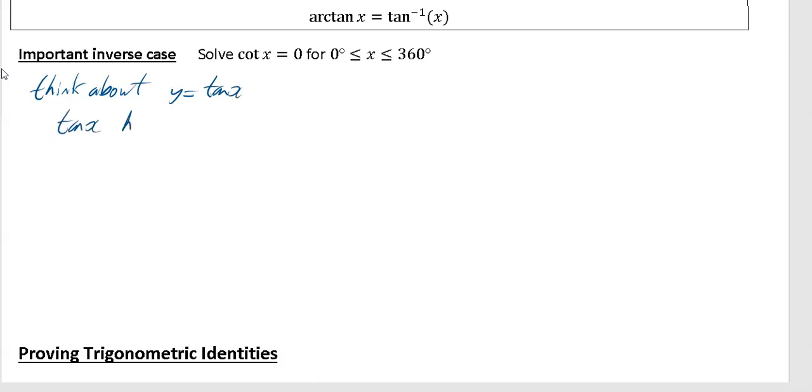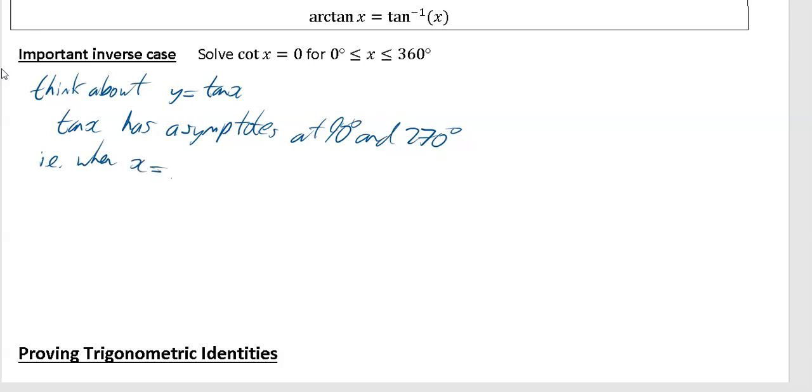So tan x has asymptotes at 90 degrees and 270 degrees, i.e. when x is equal to 90 degrees or 270 degrees, tan x is effectively equal to infinity.